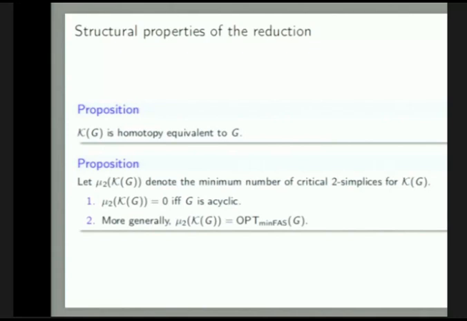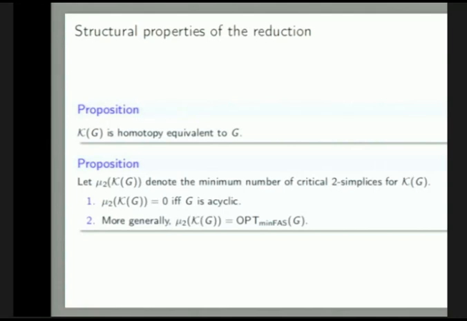So let mu2 Kg be the minimum number of critical 2 simplices for Kg. Then mu2 Kg is 0 if and only if G is acyclic. So you have no critical 2 simplices on Kg if and only if your graph G is acyclic.